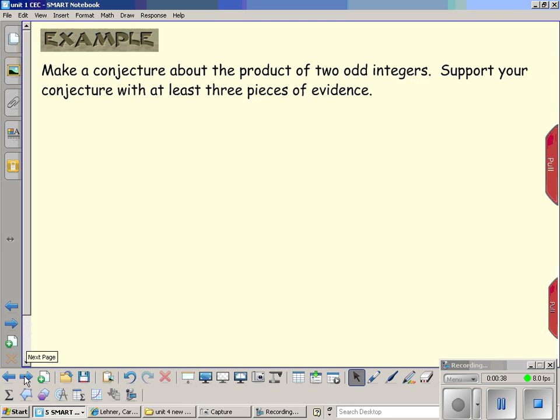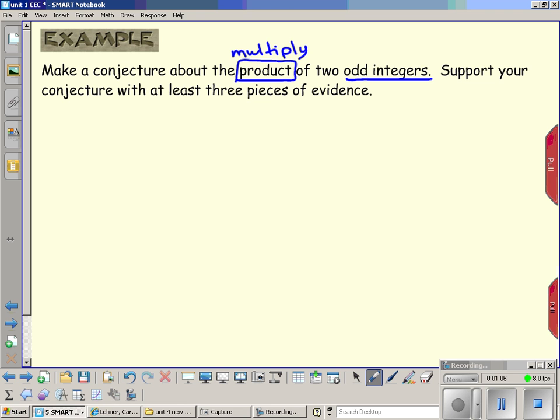We want to make a conjecture about the product of two odd integers. And we want to support our conjecture with at least 3 pieces of evidence. So we need to make sure we understand what this is saying. Product is what happens when you multiply together 2 numbers. So we're multiplying 2 numbers, but more specifically, we're multiplying odd integers.